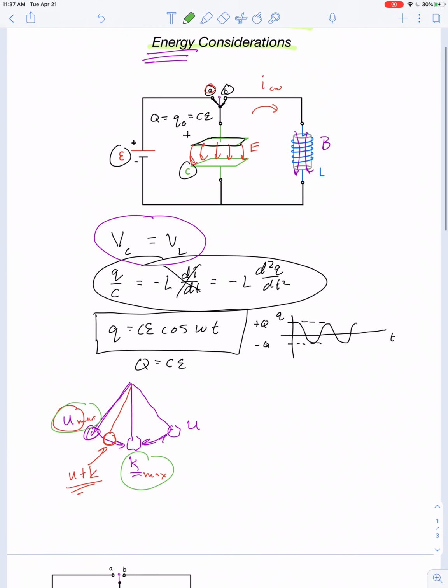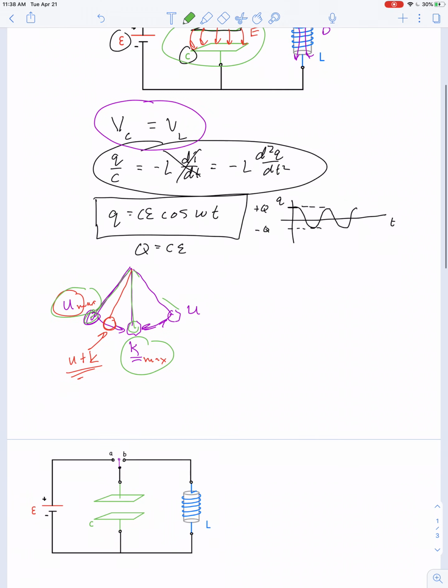The way in which the charge oscillates on the capacitor is somewhat like the way in which a bowling ball oscillates when swinging as a pendulum. Let's see.